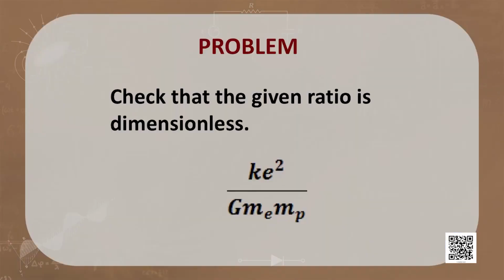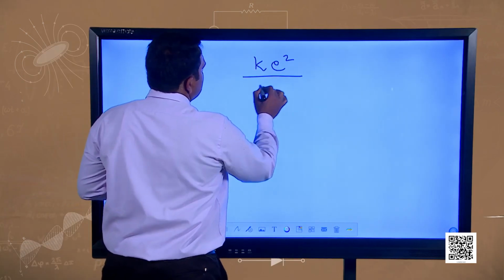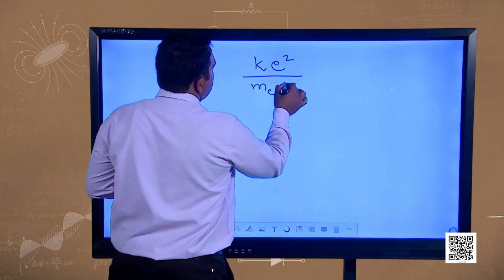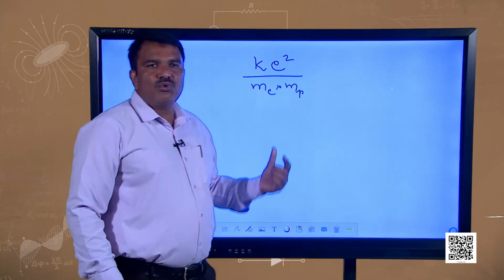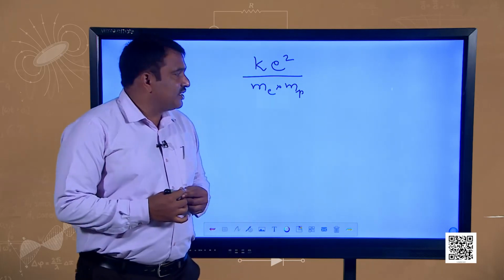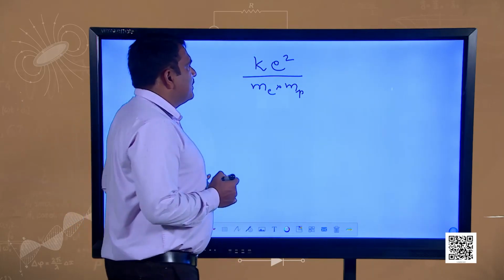Let us solve another problem. Check that the given ratio is dimensionless. So, you are given a ratio, that is K e square over m_e m_p. You have to check whether this ratio is dimensionless or not. So, it is very simple.